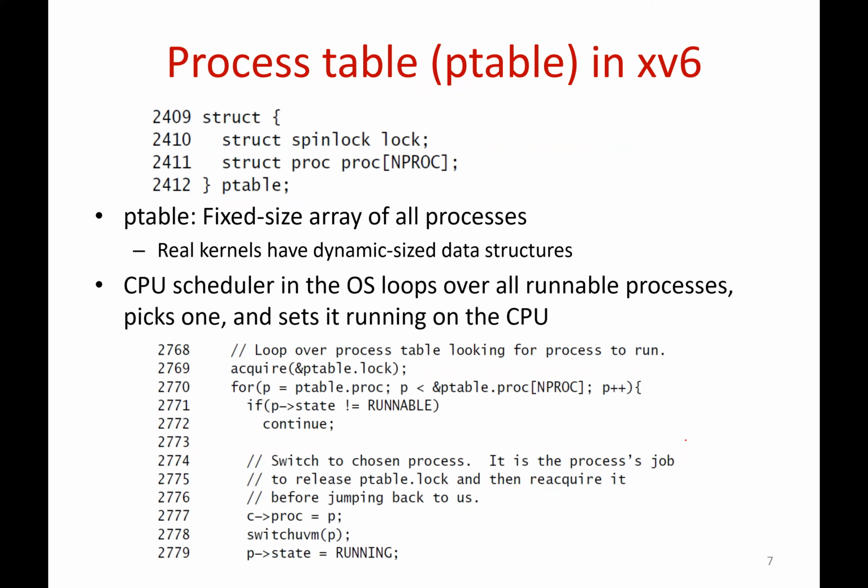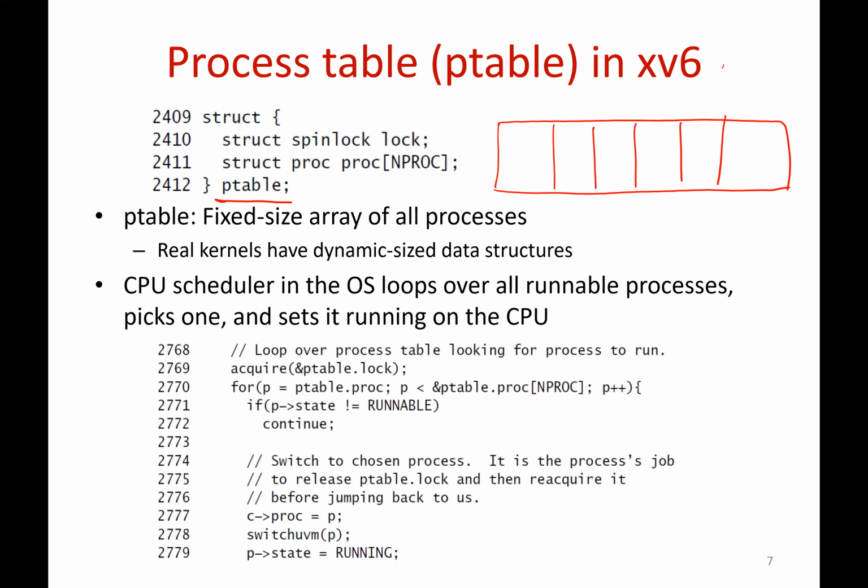Now there are multiple such processes and there are multiple such struct procs, and all of these are maintained in an array called the ptable in xv6. The ptable consists of multiple things. Of course, there is a lock that is protecting this ptable. What is a lock? We're going to study about it later. There is a lock, and there are multiple struct procs in an array, right?